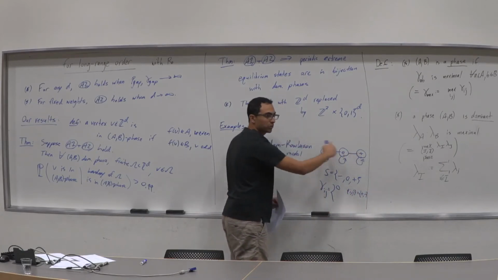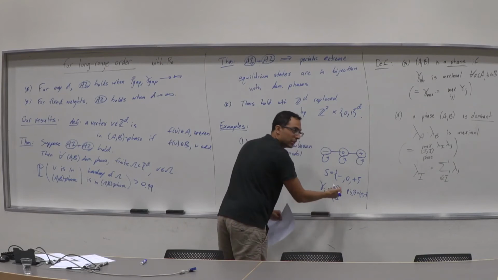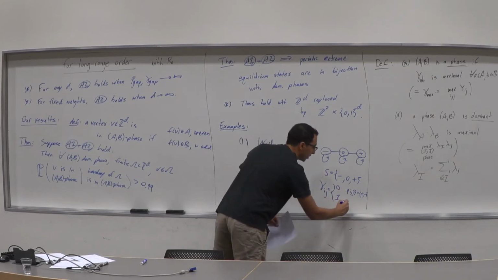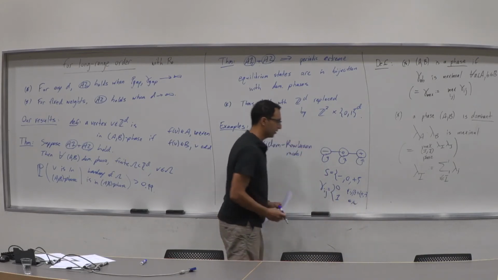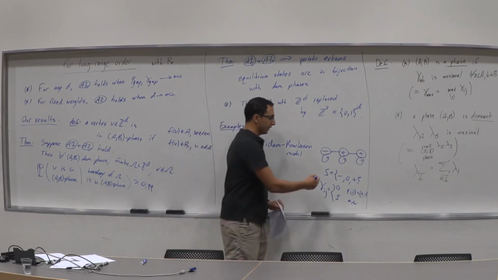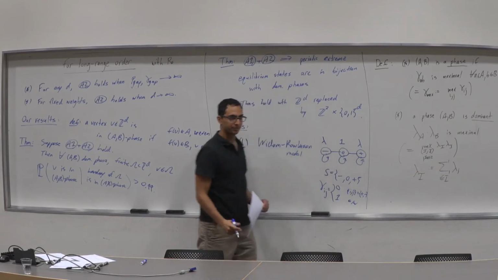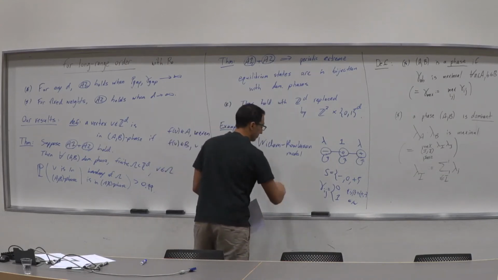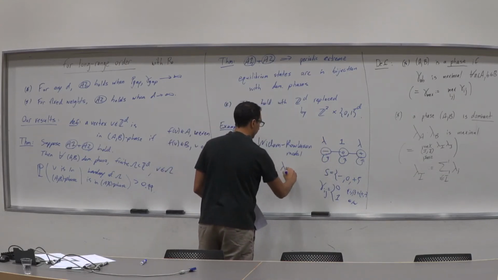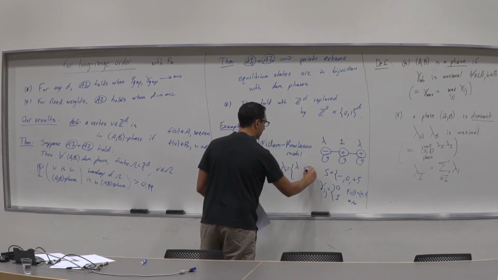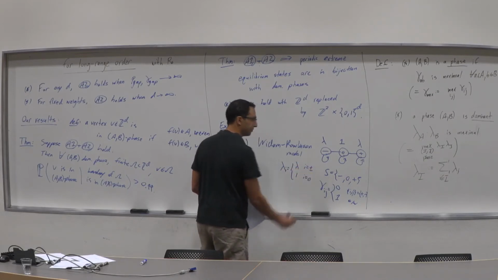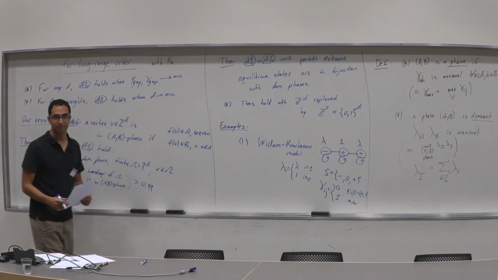There's no edge between plus and minus, and otherwise it's allowed, with no weight, just 1. So this is the gamma ij's, and the lambda i's are lambda here, and 1 here. So lambda i is lambda if i equals plus or minus, and 1 if i is 0.